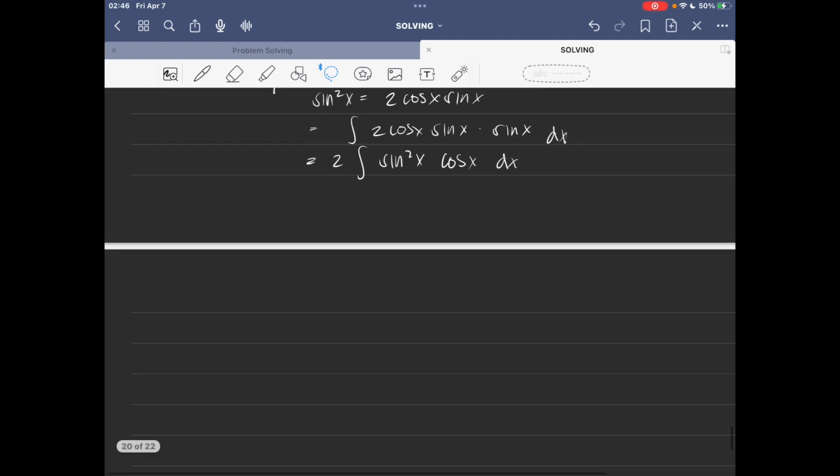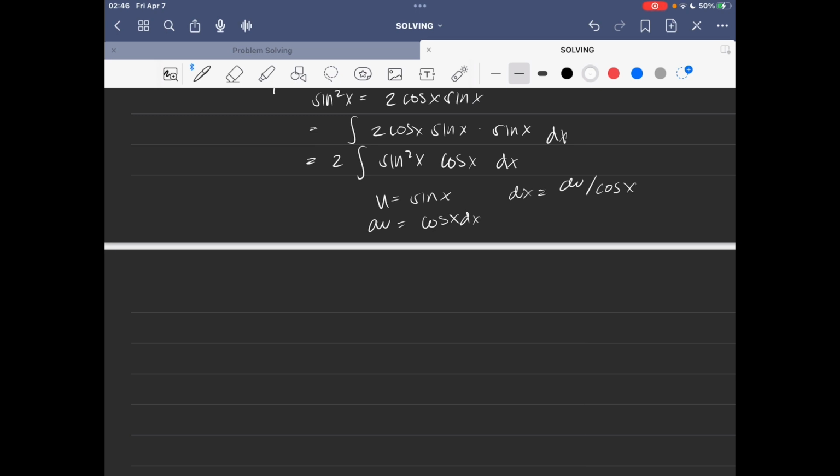So we let u is equal to sine x, du is cos x dx, then dx is du over cos x. Then we'll have 2 integral of u squared cos x du over cos x.